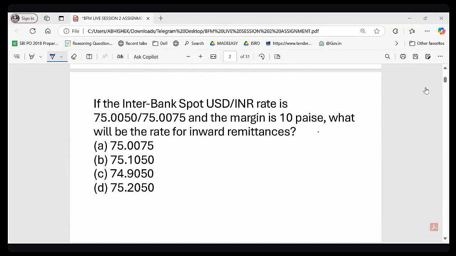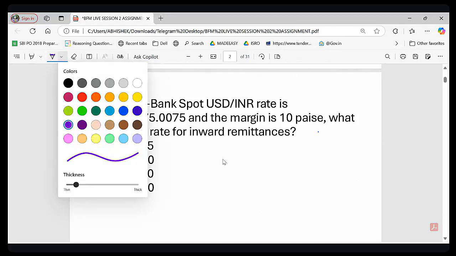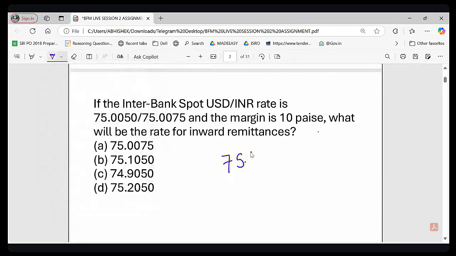In this particular question, what do you think is the interbank spot buying rate? Isn't it 75.0050? So the interbank spot buying rate is 75.0050, right?